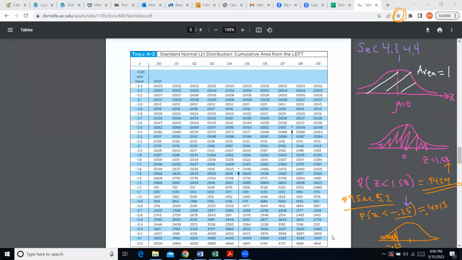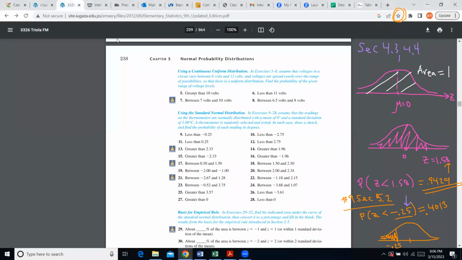So let me go to the textbook and look at exercise number 13, for example. In exercise number 13, they say greater. So when I try to make a picture of this, z will be greater than 2.33. So I have to find the probability of that.